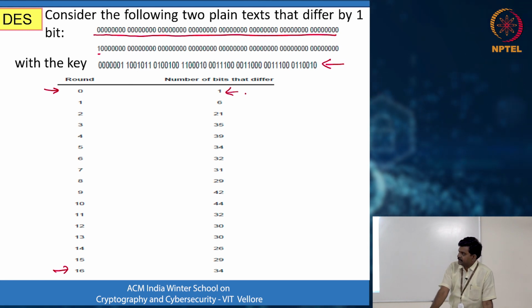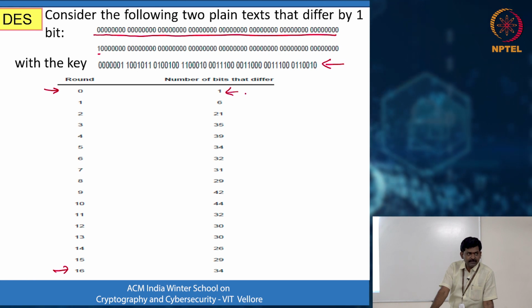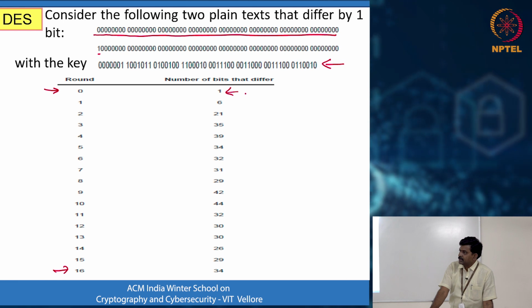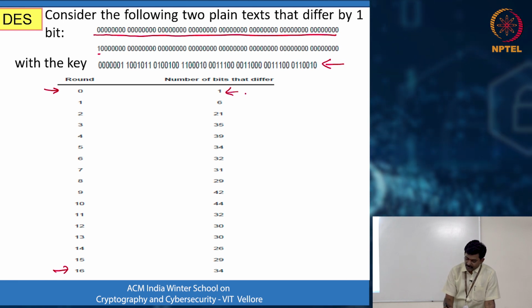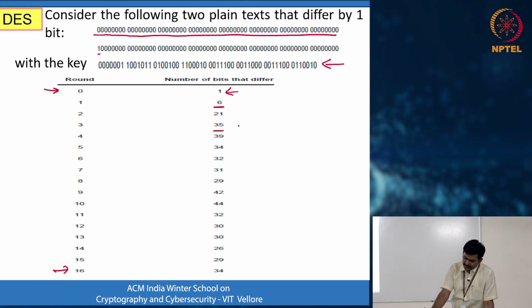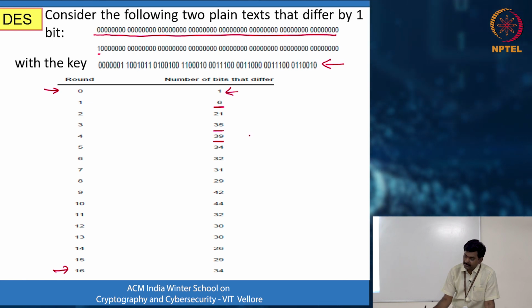How many bits differ when this one is given? Only one. But by the time both plain texts complete the first round, they differ in 6 bits. By the time they complete, say, the third round, they differ by 35 bits. By the fourth round, 39 bits.